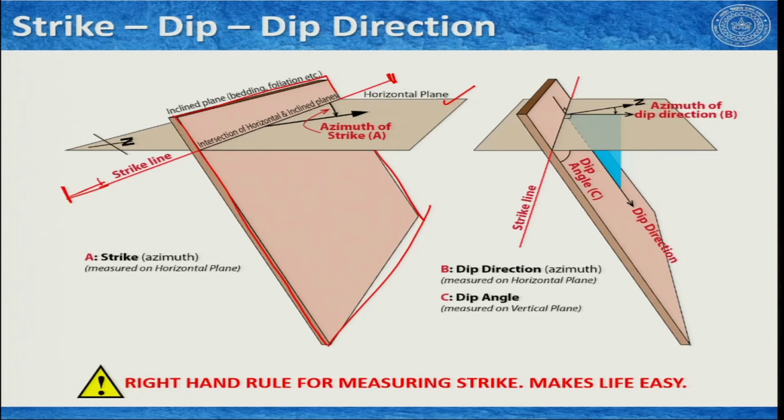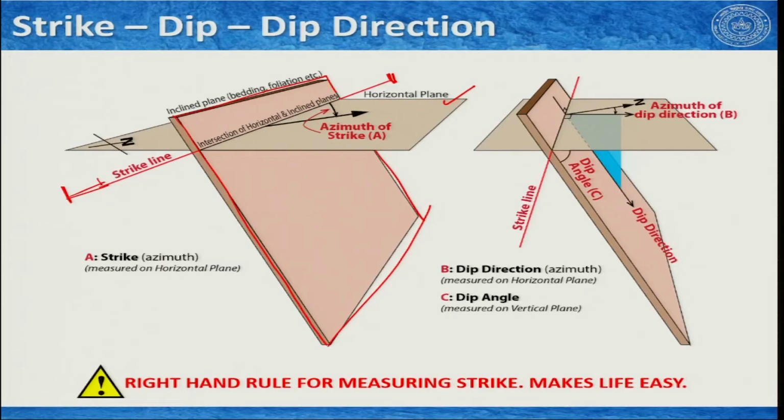So, if the strike line is on the horizontal plane, we can measure the orientation of this horizontal line with respect to north, and the angle that it makes from the north is the strike. There are many ways you can define the strike of a sloping or inclined bed, but you can read them from the books. I wanted to clear the concept. We will see later how we measure this and how we record this in our notebook.